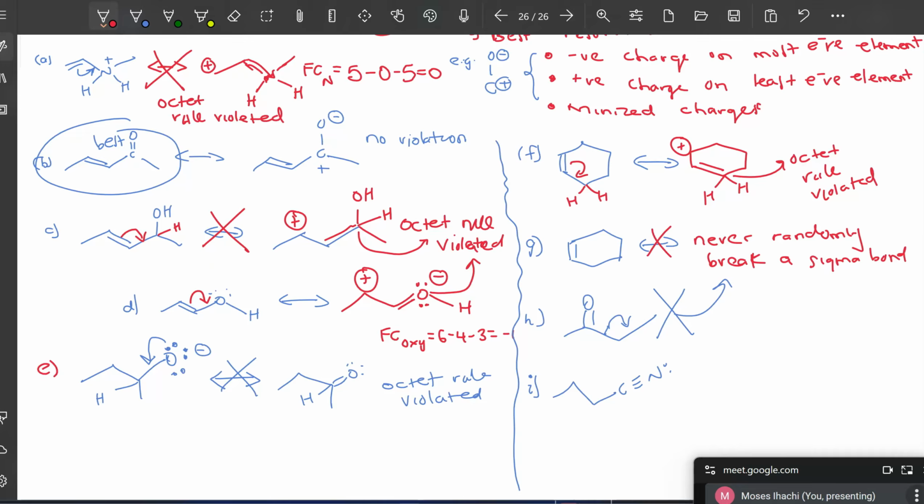Screen your 3 red rules. This is kind of case C in the blue, the one I showed you with the C double bond O. Yeah, it's similar to this.